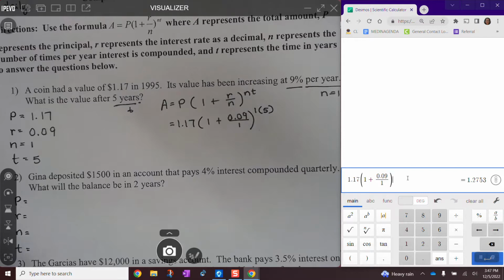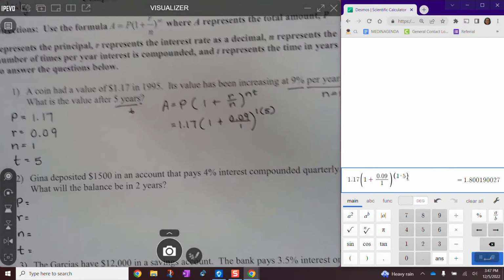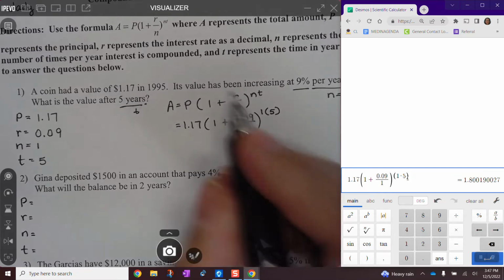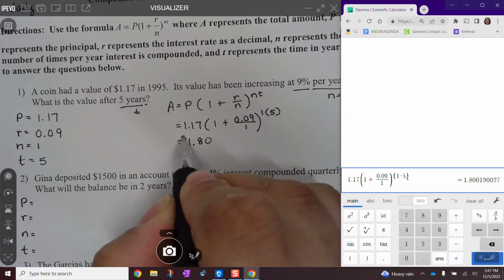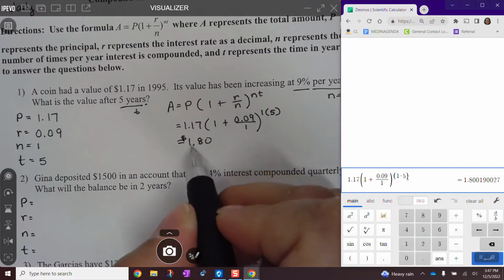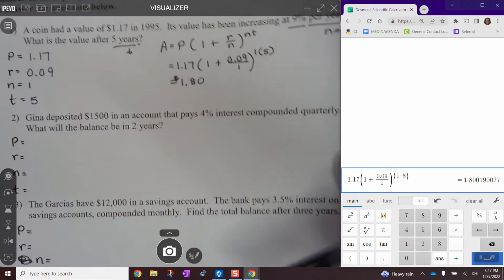Okay, so you're looking at exactly how I'm doing this. Now I know in Desmos, if you do 1 times 5, you see how it drops you from the exponent? So you're going to have to make sure you put this in parentheses. And there you go. And if we round this, since it's money, 1.80. So the original value was 1.17. The value after 5 years is $1.80.